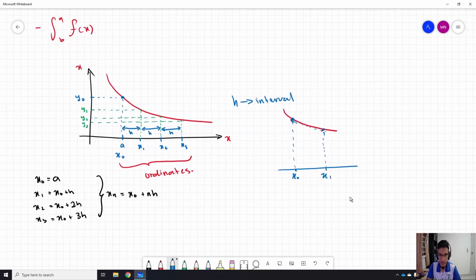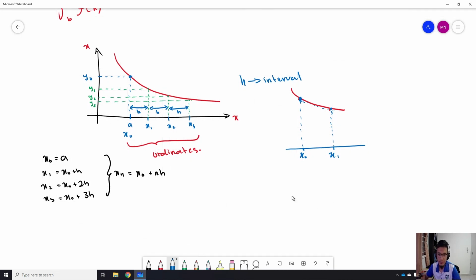The area of the trapezium from x0 to x1 is based on the formula of the trapezium: 1 over 2, then the width of the trapezium is the value of our interval, that is h, multiplied by, don't forget, the values of y0 and y1 on the y-axis.